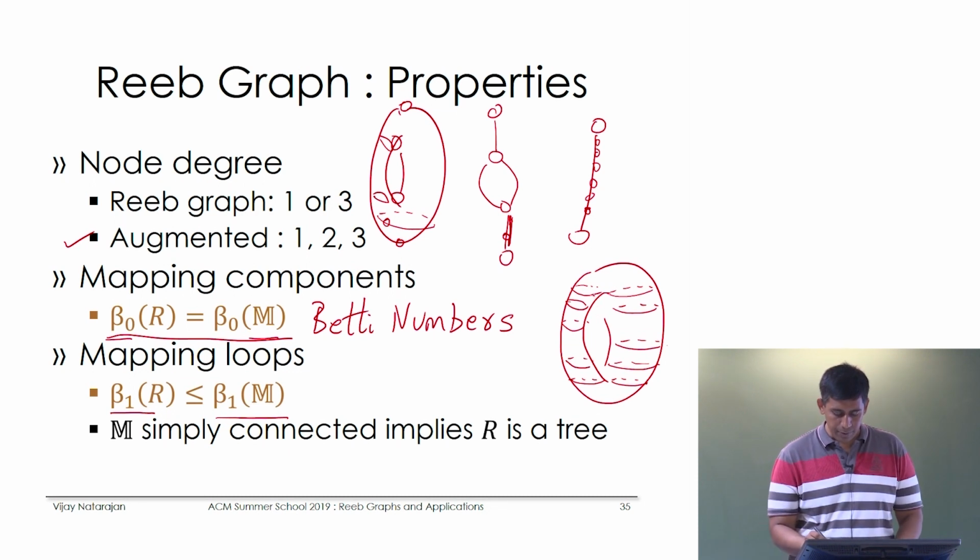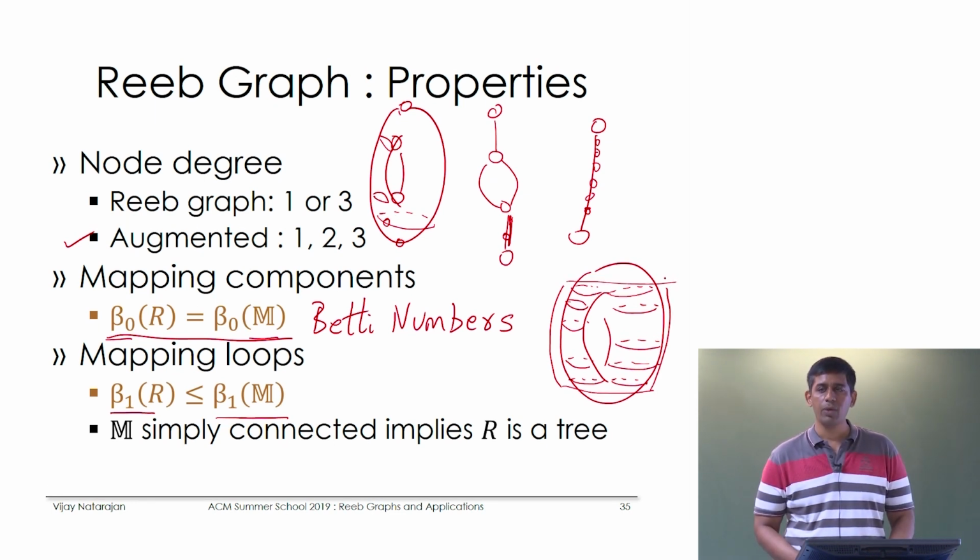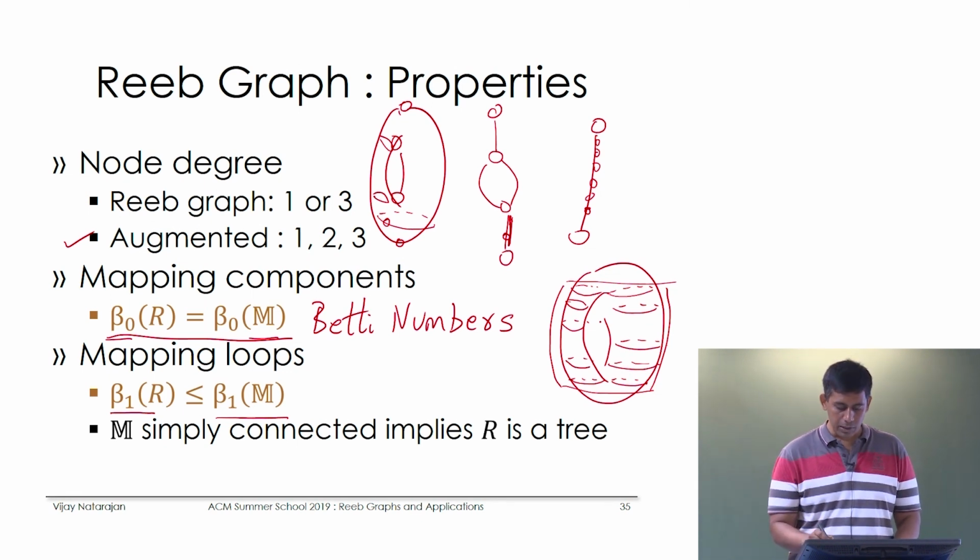If I have this part of my domain, and you think about what it maps to in the Reeb graph. So, this has a tunnel. This has to map either to a tunnel or to a straight line, because this entire piece is connected, it has to map to a single connected component.